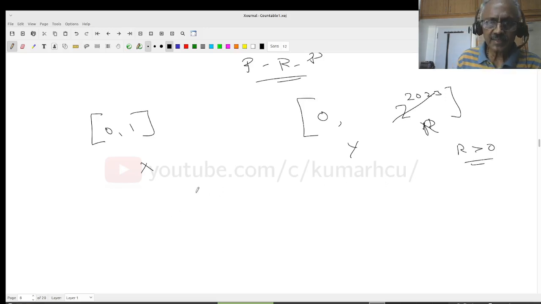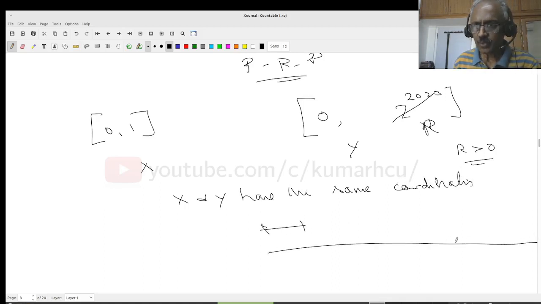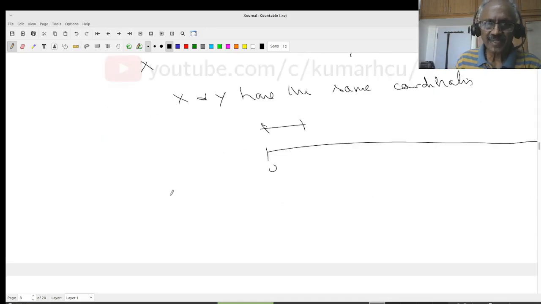Then I say x and y have the same cardinality. See, 0 to 1 may be this, 0 to r may be huge, but that's very clear because I can take f of x equal to r times x. Then this is a bijection.